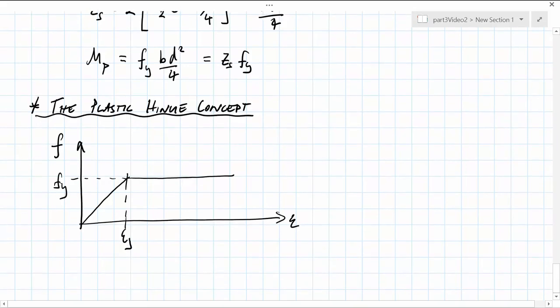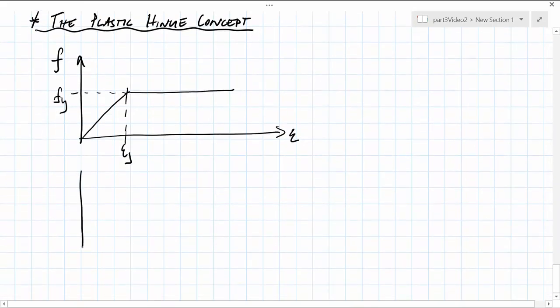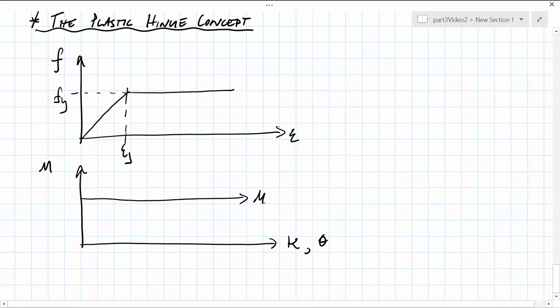Correspondingly, the moment curvature relationship can be idealized in a similar way. We can also have rotations as well. But the full plastic moment capacity is perfectly horizontal beyond the theoretical yield moment.